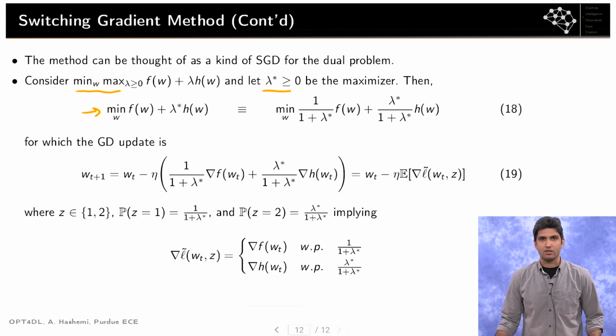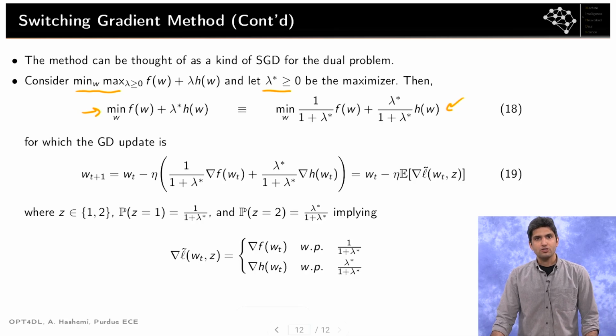It does not depend on W. So I can divide my objective by a constant and still get an equivalent problem. In particular, let's divide the objective by 1 plus lambda star. So we're going to get this equivalent problem.